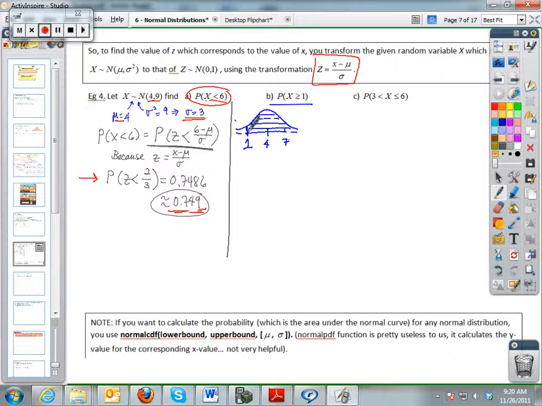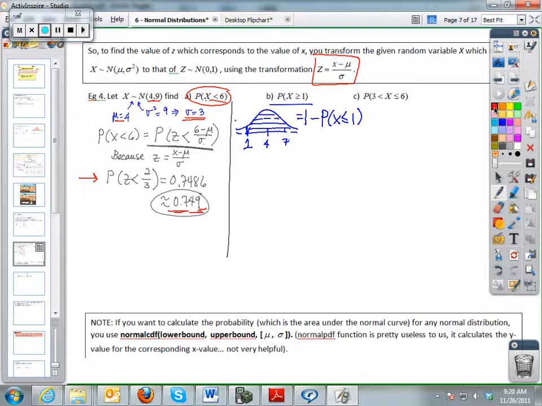That is the same thing as 1 minus the probability that x is less than or equal to 1. Here you can see that I've been a little bit sloppy with my inequalities, but it's not going to actually make any difference whether it's a strict inequality or whether it equals the endpoint.